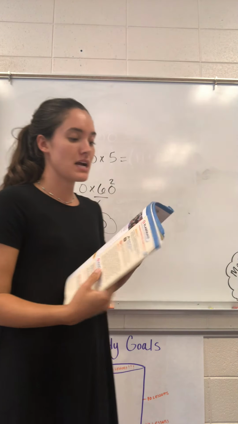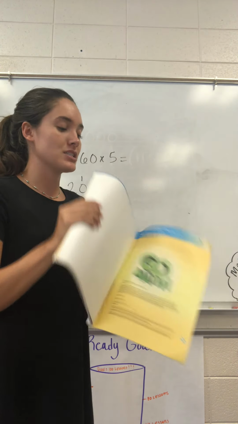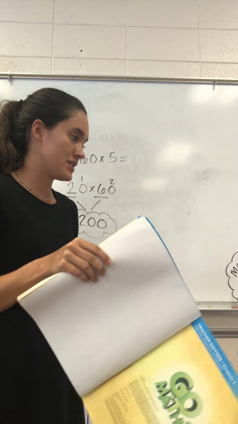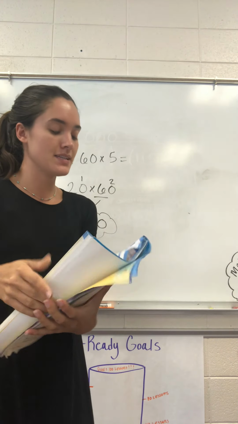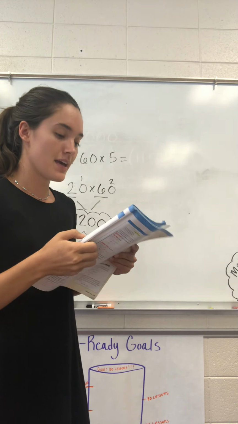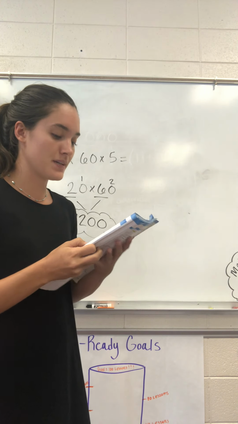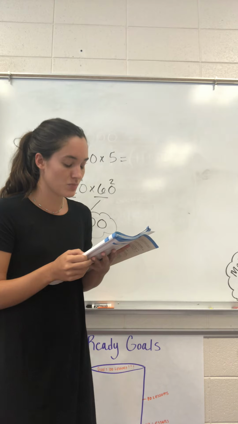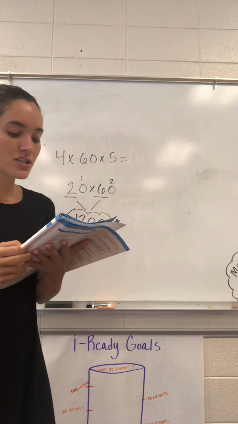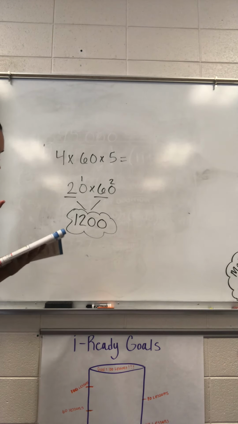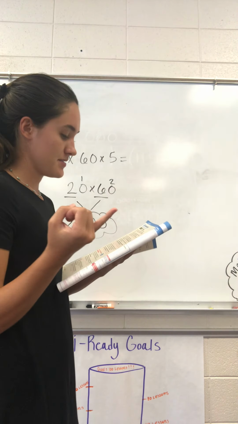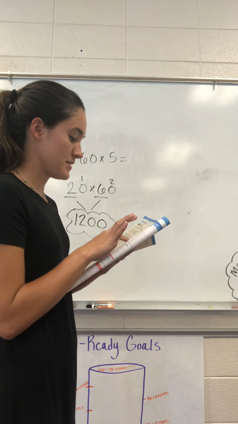Let's go ahead and I'm going to ask you guys what property of multiplication that was. So go ahead and flip back to page 17 in your Go Math book and look at your properties of multiplication. Is it the commutative property, associative property, or identity property? First of all, I don't see any parentheses in this problem, so it can't be the associative property.